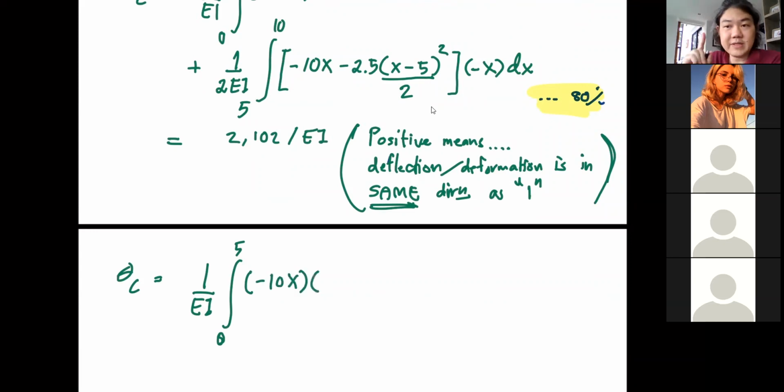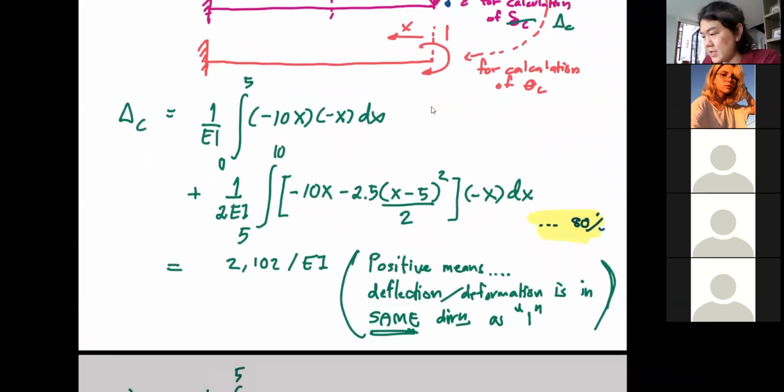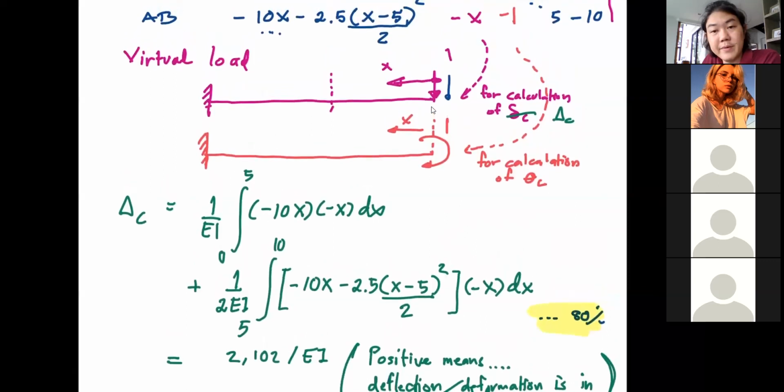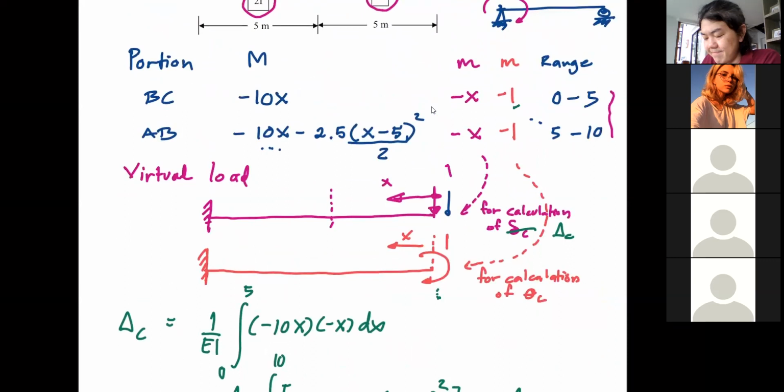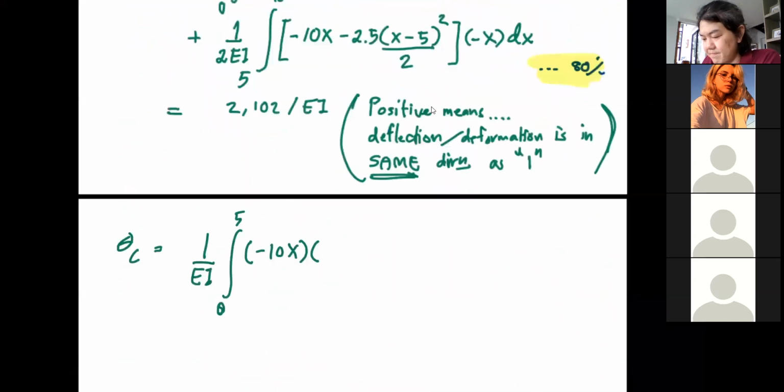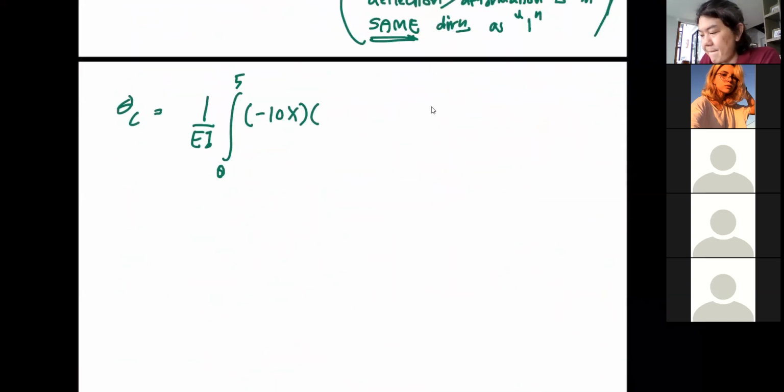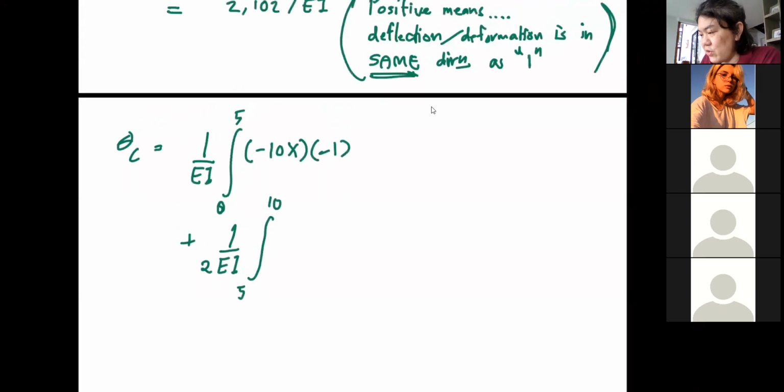The virtual load this time is the work of this moment, so it becomes this instead, minus 1. And then for the second portion, it has 2EI. The integral will be from 5 to 10, and the moment equation is going to be this one.